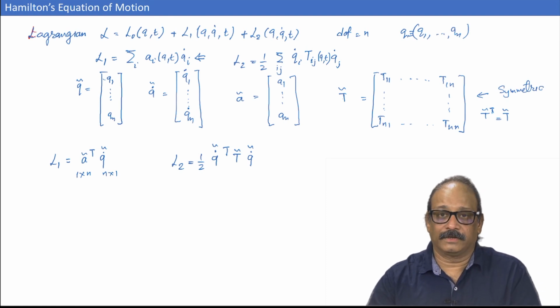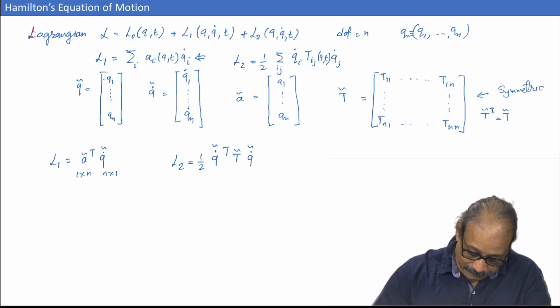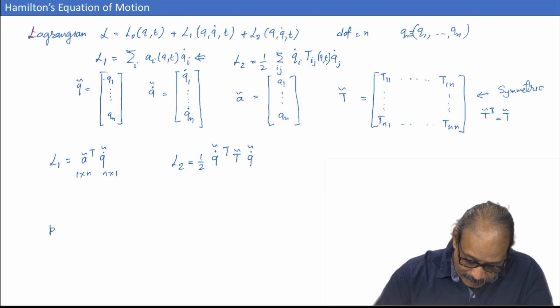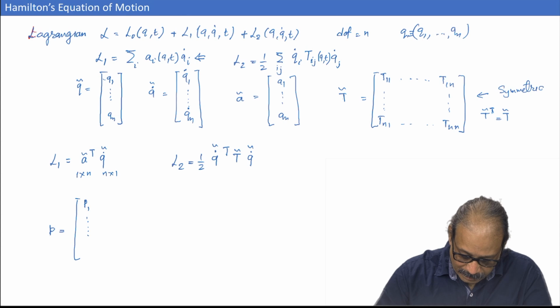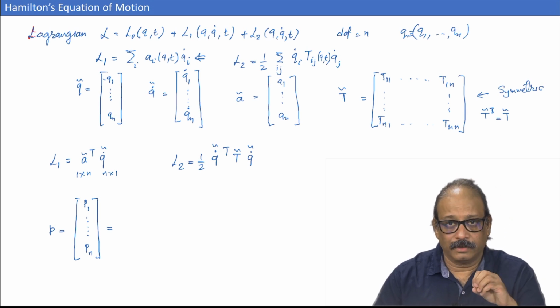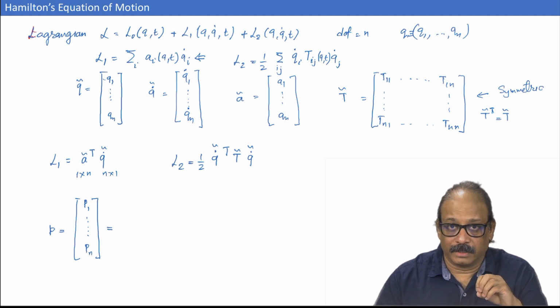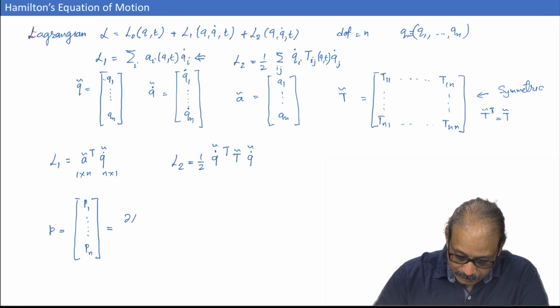Okay. Now, we are in position to calculate the Hamiltonian. The first thing that I will do is calculate generalized momenta. So, put generalized momenta also in the matrix form. So, you have entries like P1 to Pn, and this is nothing but I am going to write this symbolically as del L by del Q dot.